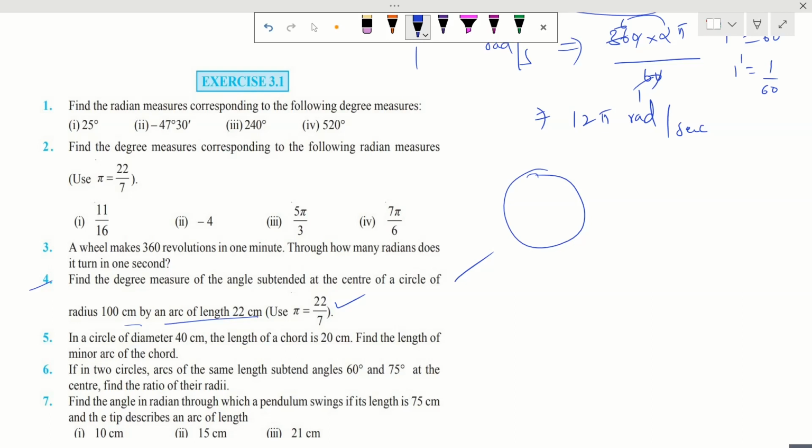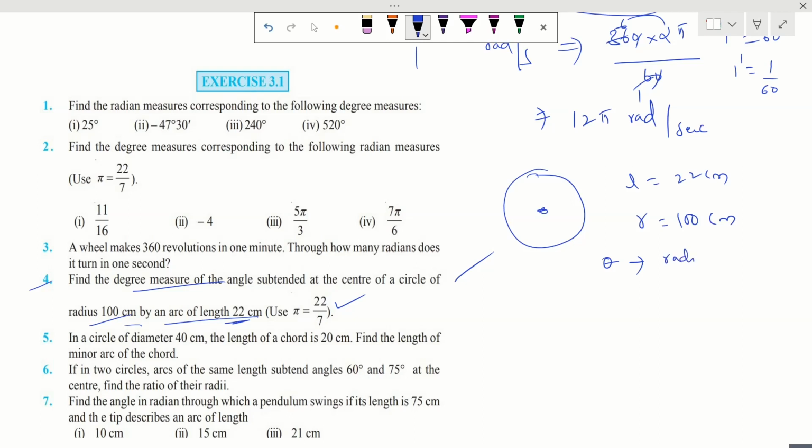The arc length is given as 22 centimeter, and the radius is given as 100 centimeter, and we need to find the degree measure, meaning theta. Theta will first be in radian measure.